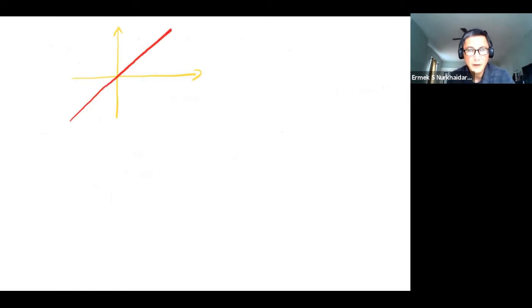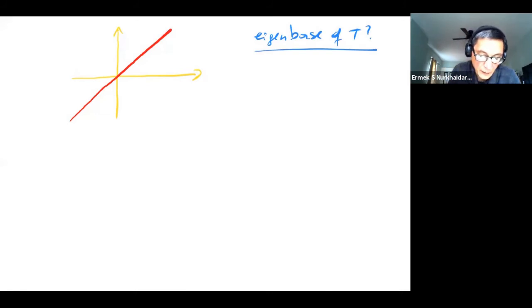So let's have a look. What we're trying to do is find an eigenbase of T. Let's try to find it. We can visualize it, right? If you imagine a vector which sits right on the line, then that vector reflects into itself.